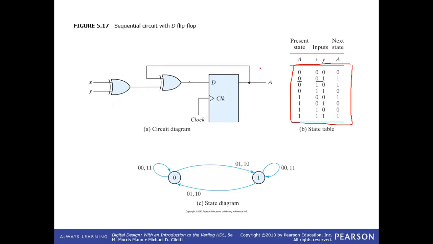Now I consider the present state 1. Now let's apply 0, 0. What happens to this XOR gate? 0 will come, sir, and then 1 will come, the output is A1. Very good. 1 will come, 1 will come.